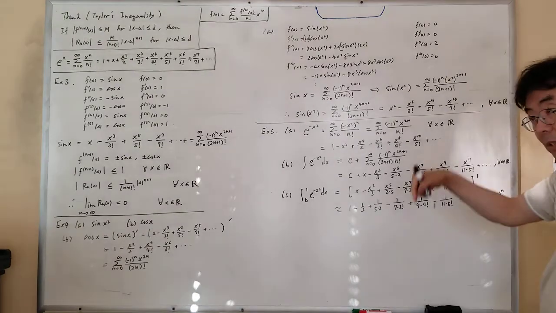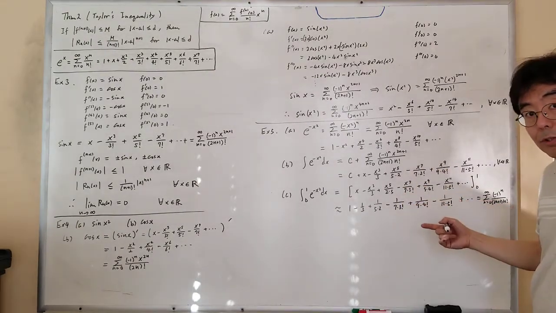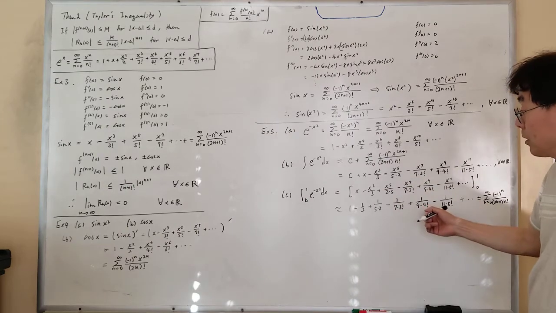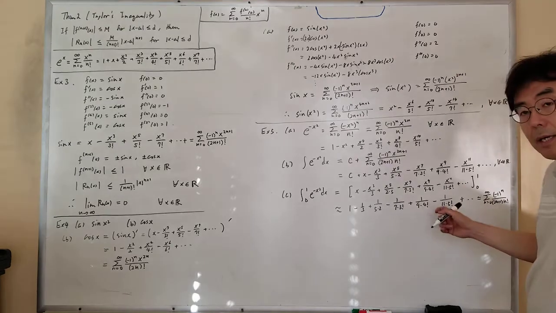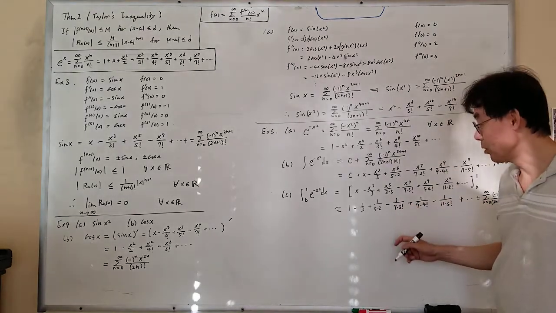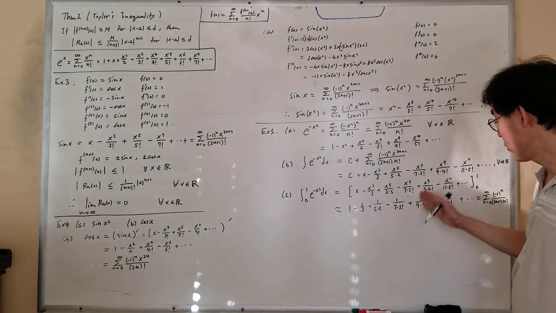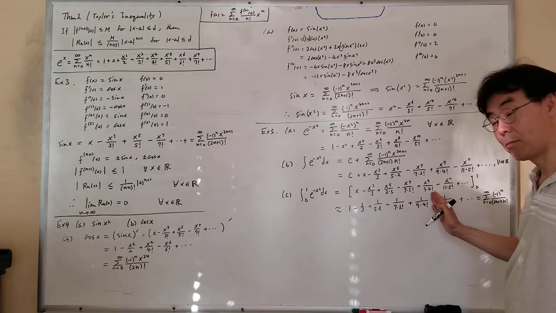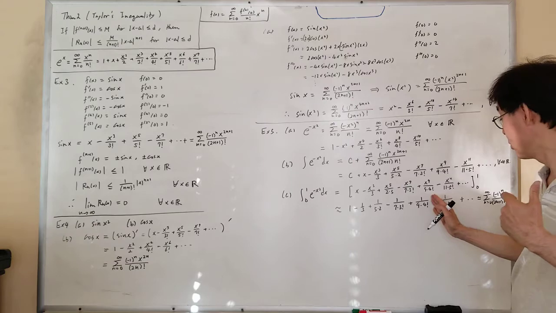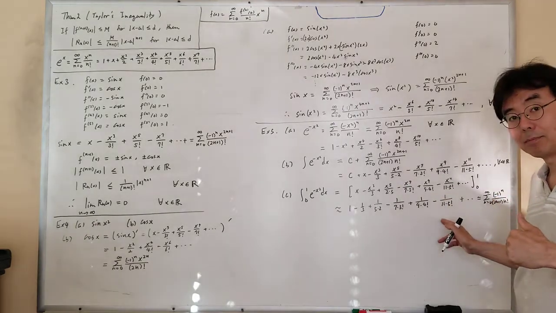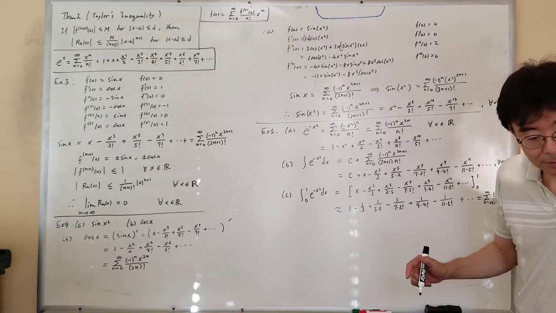Obviously this one is decreasing and converges to 0. So not only is this a convergent alternating series, but for approximation by the partial sum, no matter where you stop, the error will be less than or equal to the next term, the first term you discarded.